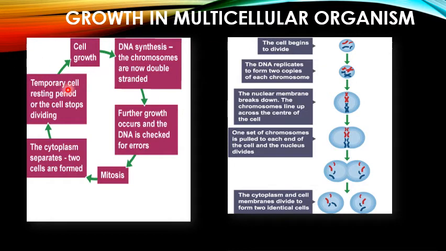So all these processes are carried out by the cell cycle. What happens in a cell cycle? The first stage is cell growth, and an exact copy of the DNA is formed, thereby forming a pair of chromosomes. The replication of the DNA makes up chromosome copies exactly like the previous chromosomes.